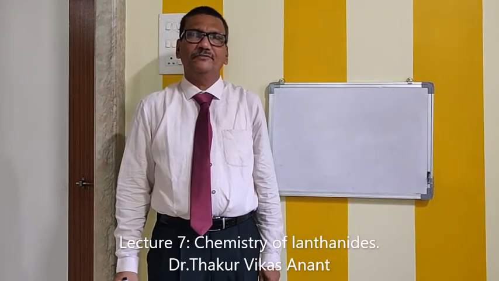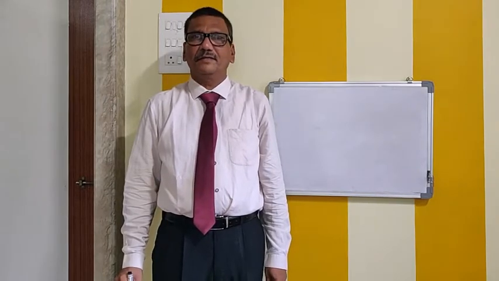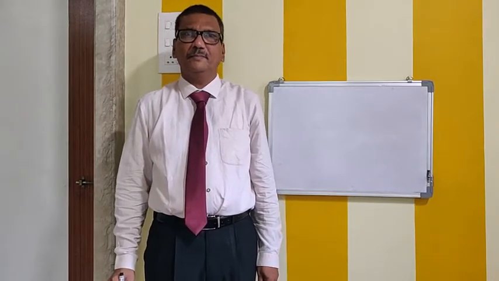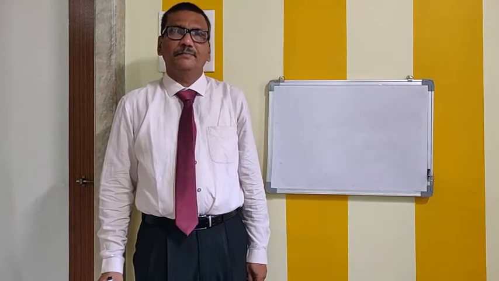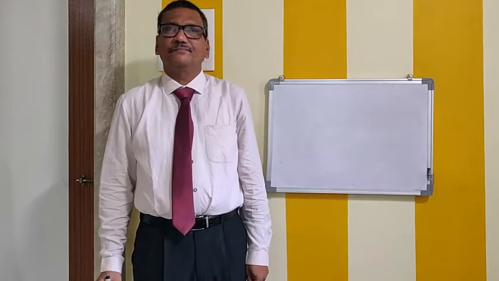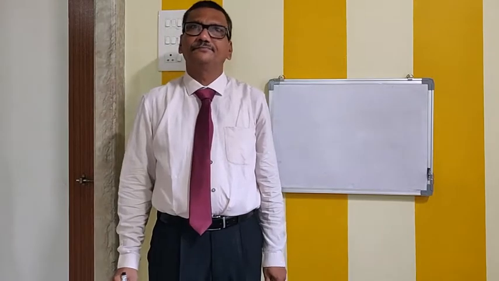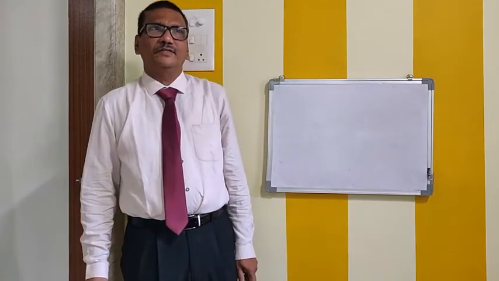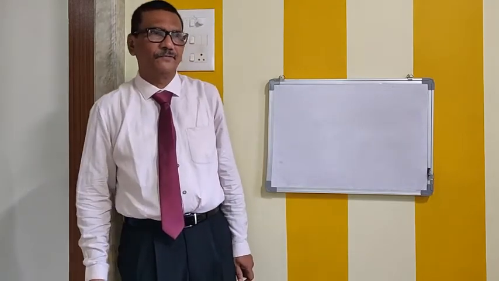Welcome back, dear students, to our chapter, chemistry of the inner transition elements. So far we have completed many properties, starting with electronic configuration. In that we see two types of configuration: one is the ideal configuration, and the second is the observed or actual configuration.